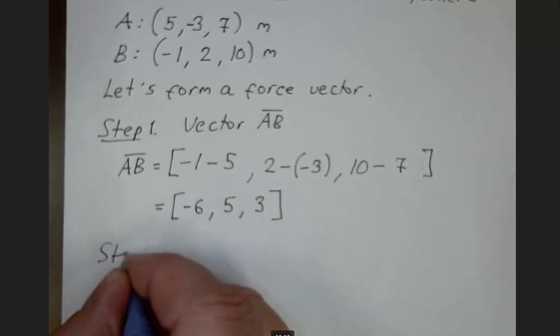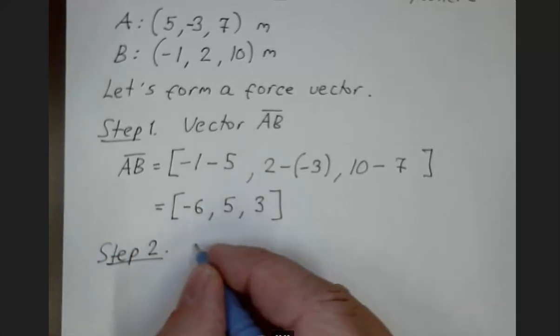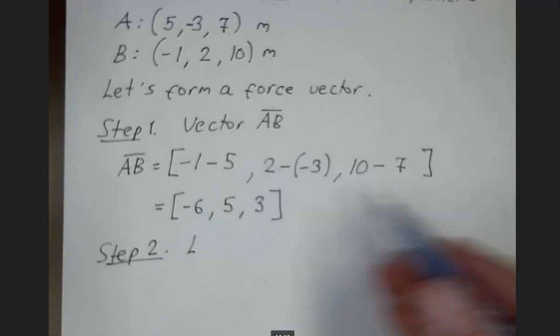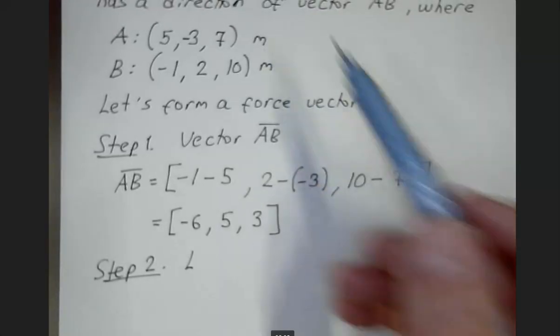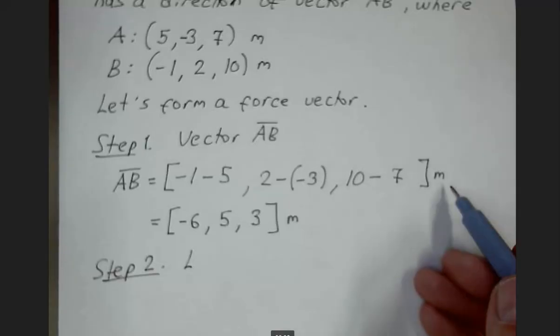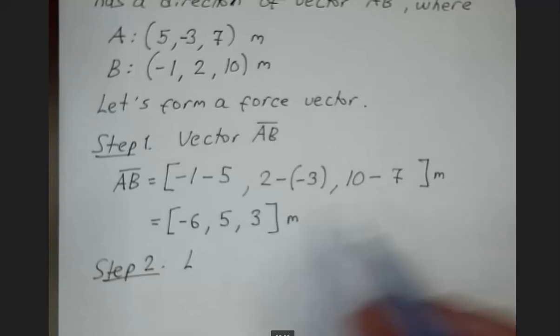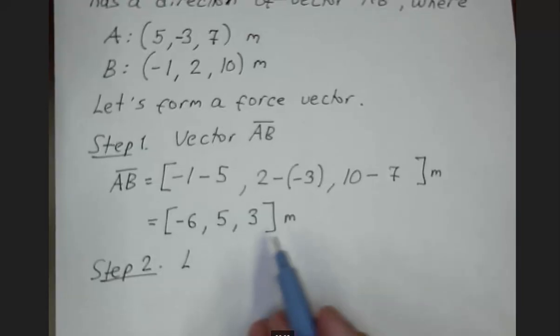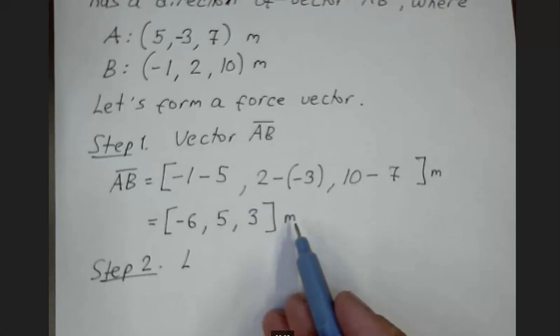And the next one will be to find the length or magnitude of this. One thing, we have these coordinates in meters, so I will write this meter to the end of that vector, but of course I could also use meters inside the bracket form there, but it is easier to put the unit at the end of that vector.